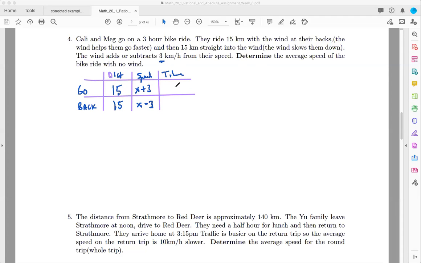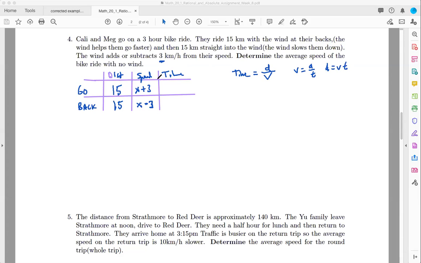Now, where does the rest of this equation come from? The rest of this equation comes from the fact that time is equal to distance over speed. You've seen that speed is equal to distance over time, and that distance is equal to speed times the time that you went.